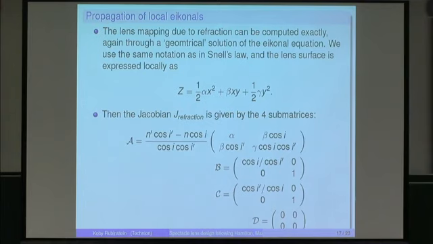Now, to get it, you either solve the eikonal equation, or in this case, you could solve it geometrically using the interpretation of Hamilton's eikonal functions. The advantage of doing this is that the transformation can be done step by step.